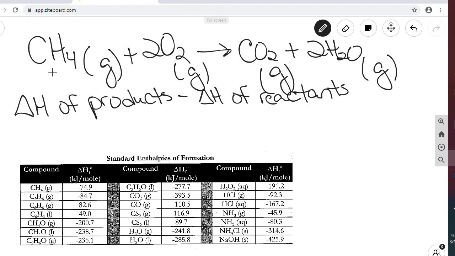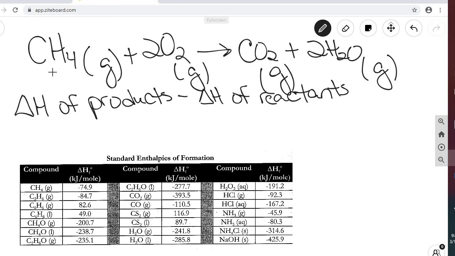Your book on page 425 gives A plus b, uppercase B. They make it more complicated than it needs to be. You're going to take the delta H of the products minus the delta H's of the reactants.